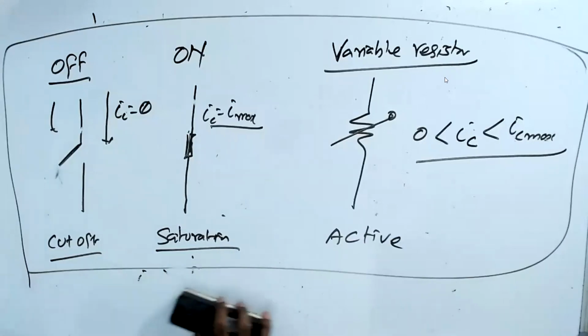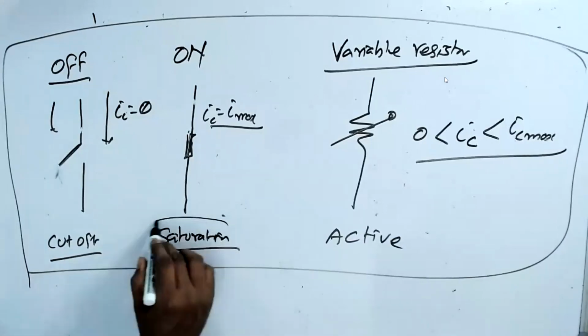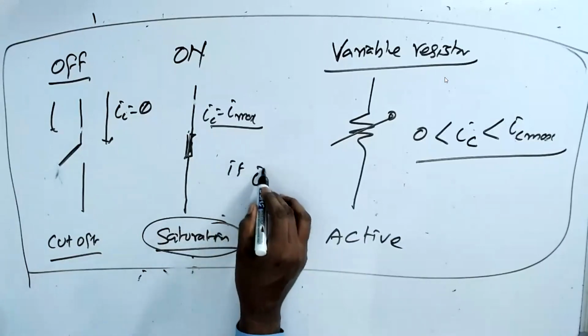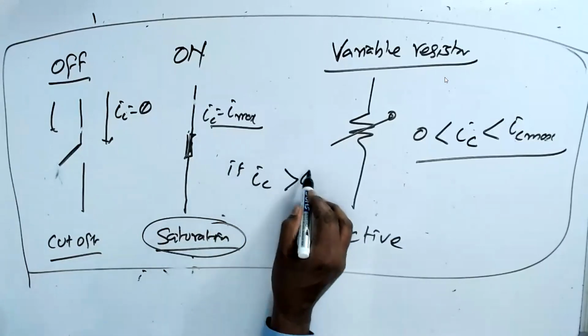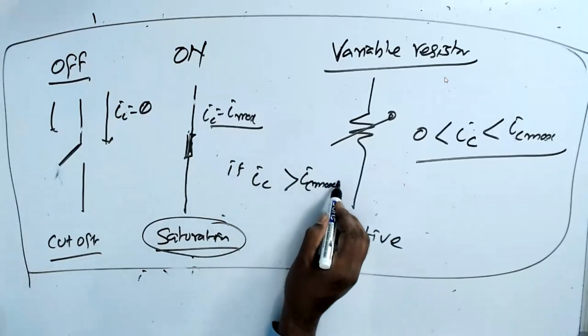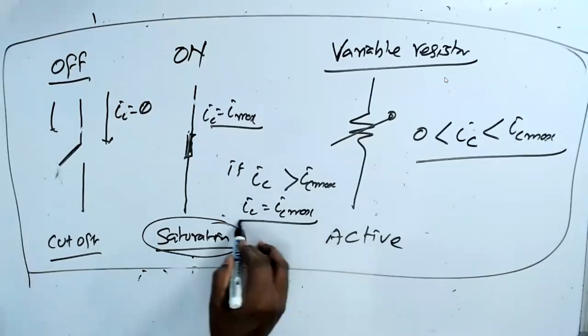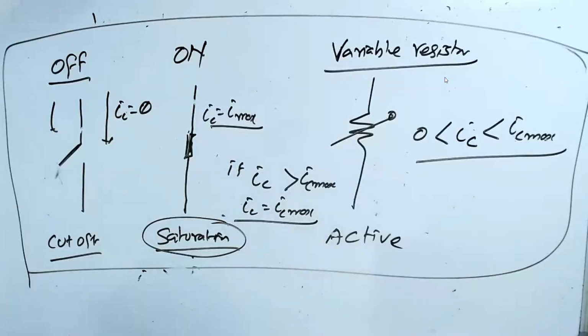And always don't forget this. People always get confused with the transistor. If IC is greater than IC max, IC is equal to IC max. IC cannot flow beyond that. Then how do you calculate the RC? That depends on the transistor manufacturer.